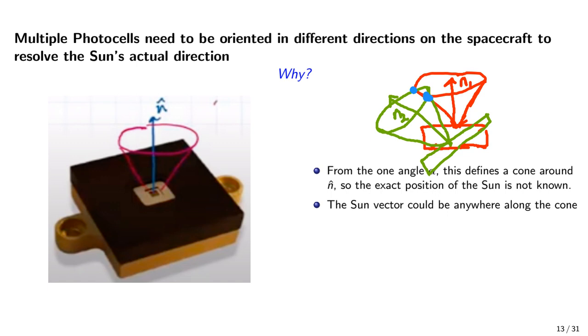So let's say we have a third cone on this angle, then it would also intersect at two places.